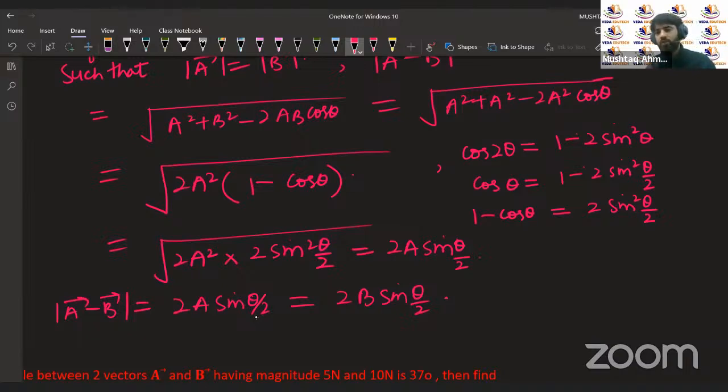It means that if we have two vectors A and B of equal magnitude having the angle between them as theta, then the magnitude of the resultant of A minus B will always be given by 2A sine theta by 2 or 2B sine theta by 2. And the resultant will always bisect the angle between A vector and minus B vector. So this is how the resultant will be. This is A vector and this is our B vector.